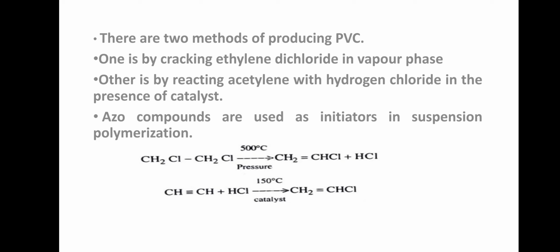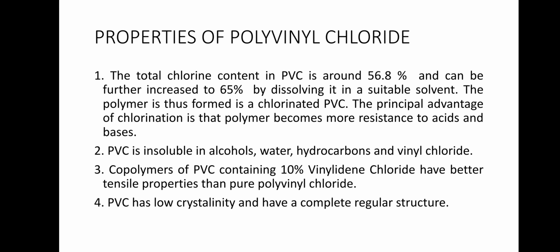The second method is reacting acetylene, C2H2, with hydrogen chloride, HCl, in the presence of a catalyst, and it gives CH2=CHCl, which is vinyl chloride. Azo compounds are used as initiators in suspension polymerization.